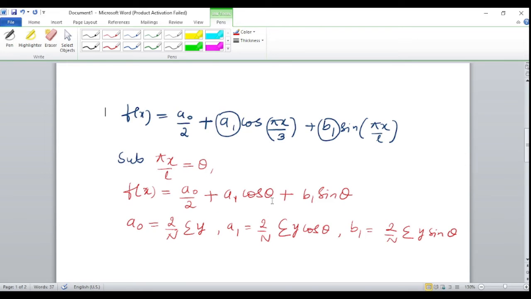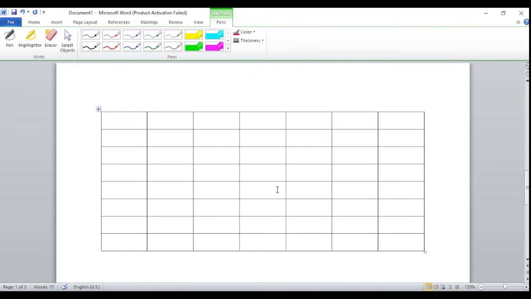Okay, fine. Now I'm going to write the table. This is thickness.